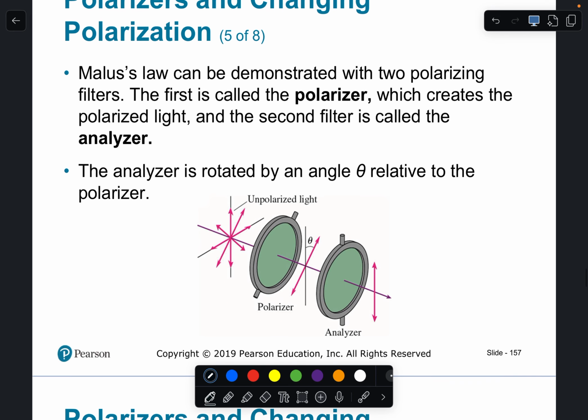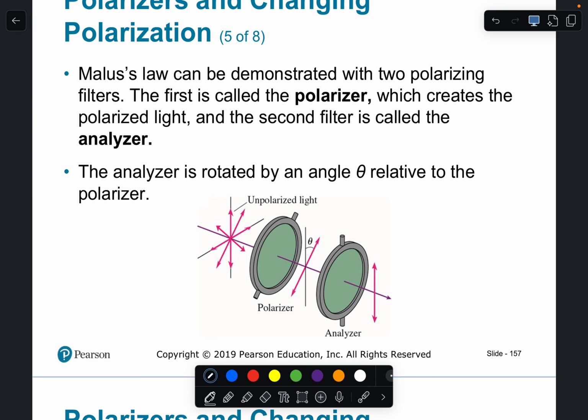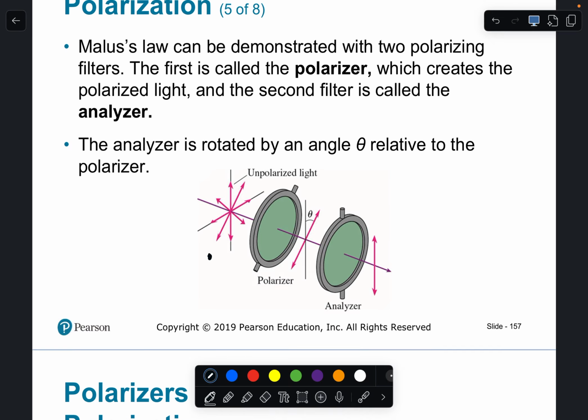Malus's law can be demonstrated with two polarizing filters because the intensity change from unpolarized to any polarized direction is actually fixed. Whenever you go from unpolarized to polarized, the intensity only changes by 1/2.